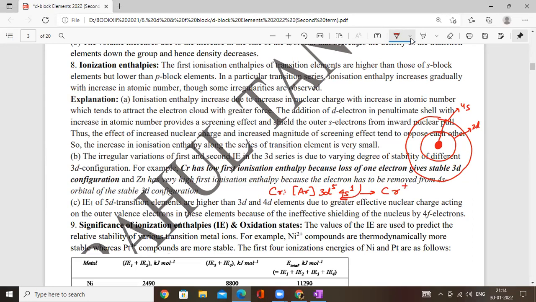The reason is that once it loses the 4s1 electron, it will reach a half filled d orbital configuration, and that's why it has higher stability. While zinc has a very high first ionization enthalpy because the electron has to be removed from the 4s which is already filled, with 3d10. So that's why it is very difficult to pull out an electron in the case of zinc.